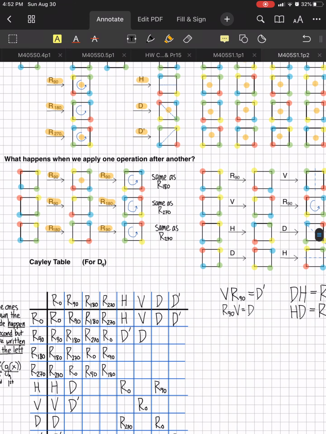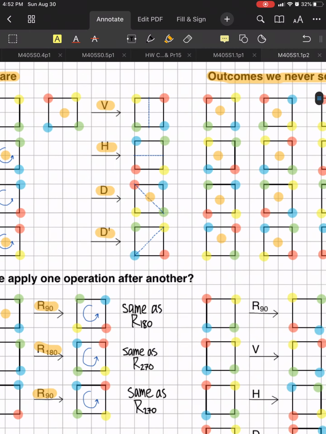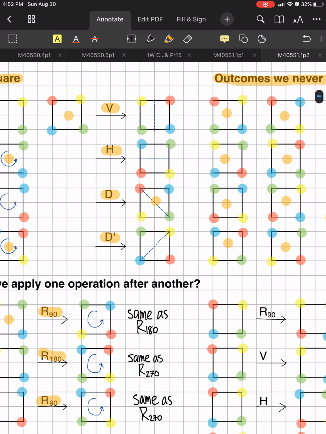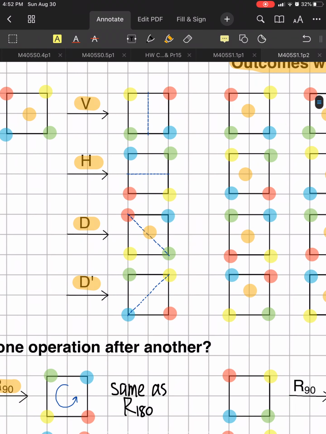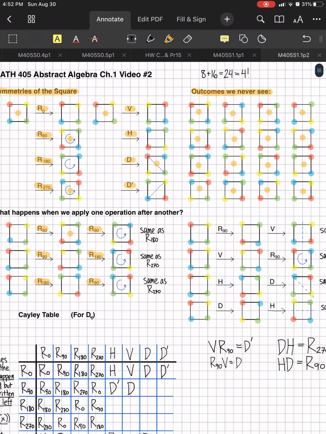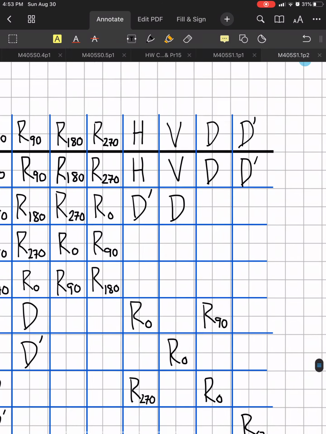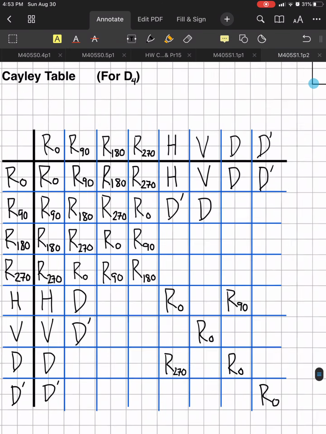So let's take a look at H followed by 180. If we do H followed by 180, then blue goes around the opposite place. We can see there we already get back to a V. So H followed by 180, or actually 180 followed by an H, either one should give us a V. Let me find where this is. 180.